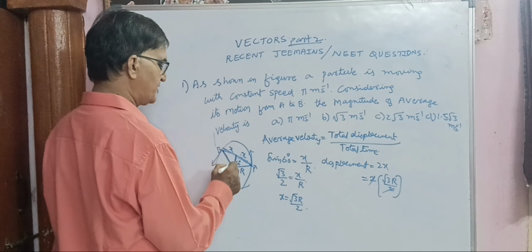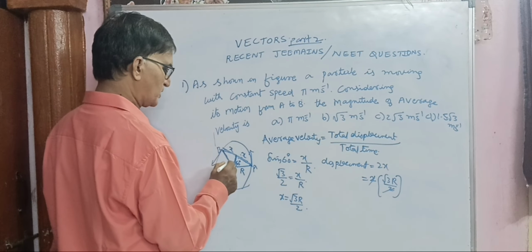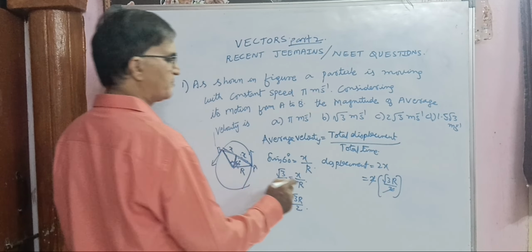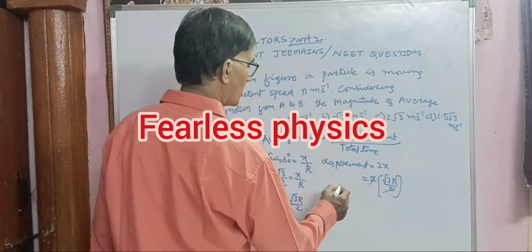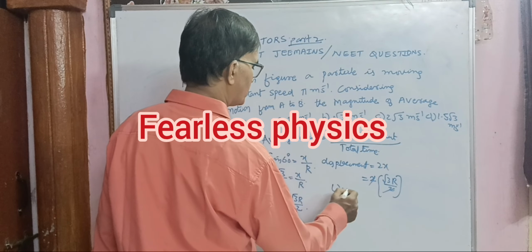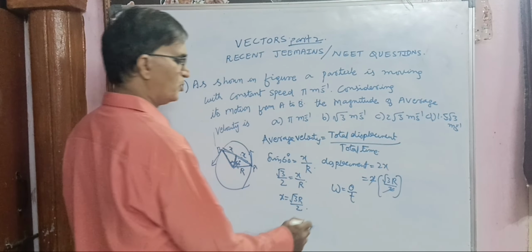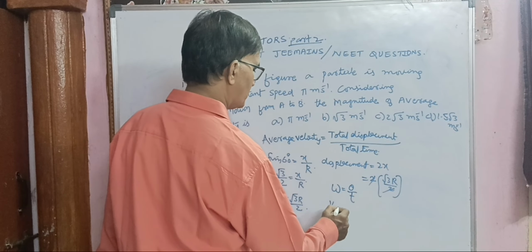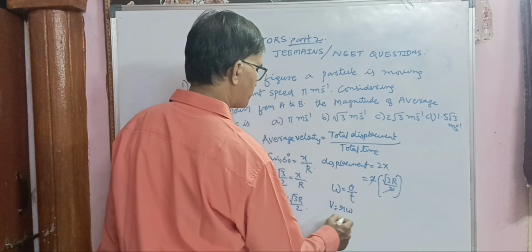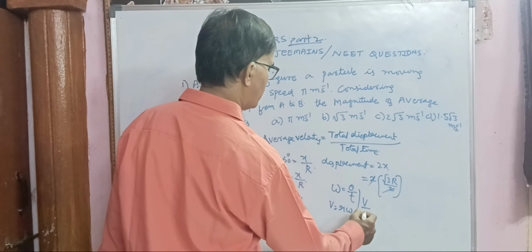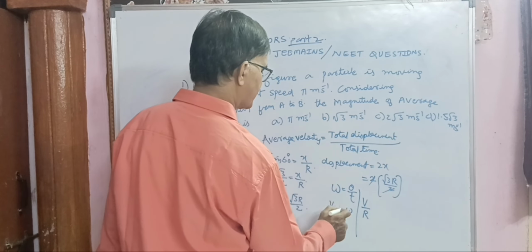Now how about time here? Time: the total angle is 120 degrees. Now we'll take a simple formula. Omega is equal to theta by t. Now you know V is equal to R omega, so omega is equal to V by R. We'll take capital R as the radius.